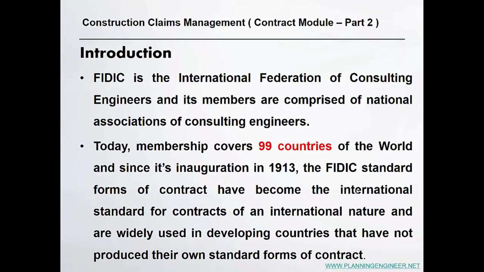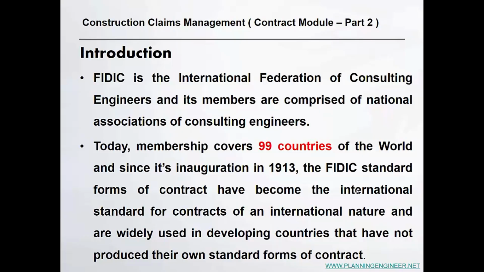Let's go and start talking about FIDIC in general. Part 2 and part 3 of our lesson today, it is better to read them yourself, but I will just highlight what I want you to know in these parts. First of all, you need to know that FIDIC now covers more than 99 countries in the world.